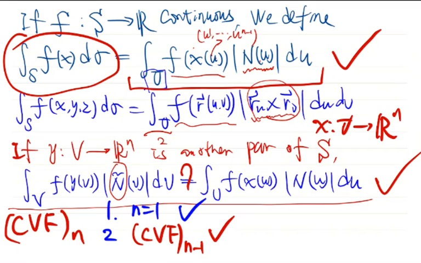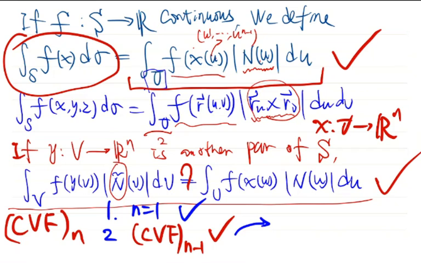To ensure the definition is valid, we need the (n-1)-dimensional change of variable formula, and we assume that this is true. Once this is true, we can define a surface integral over a surface in n-dimensional space. Then we establish the divergence theorem, and then we use the divergence theorem to prove that the change of variable formula is true for n dimensions.